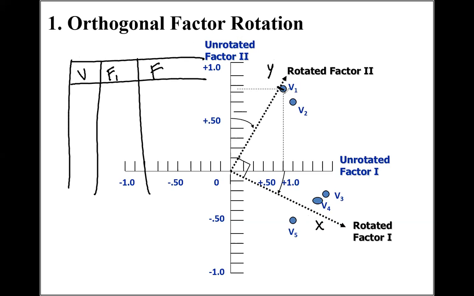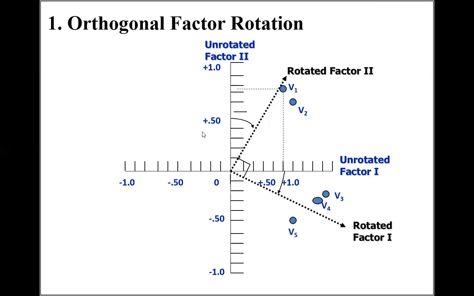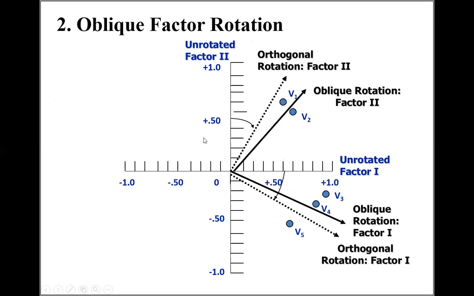Now in the rotated factor, f2 is giving a very high value, 0.9, and when I take this variable on the x-axis, it is very less, 0.103 or something. So now it is confirmed that we will take variable v1 under factor 2. So this is the purpose of factor rotation, to remove the cross loading problem.